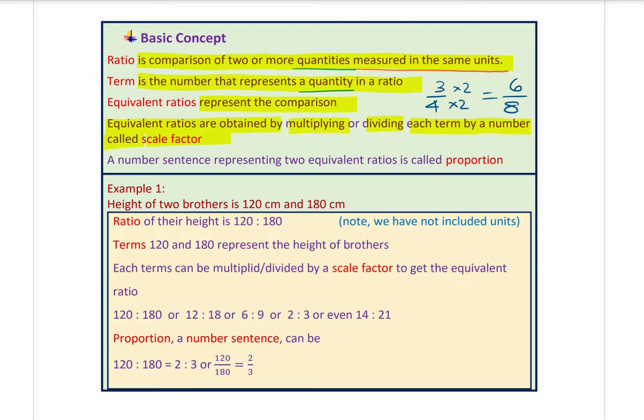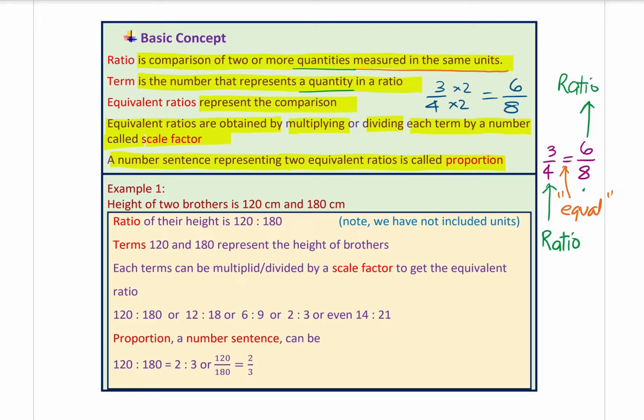Now, let's see what proportion is. A number sentence representing two equivalent ratios is called proportion. So when I write 3 by 4 equals to 6 by 8, in that case, note that this is one ratio, correct? And the other one is another ratio. And in between, what do we have? We have equal to sign.